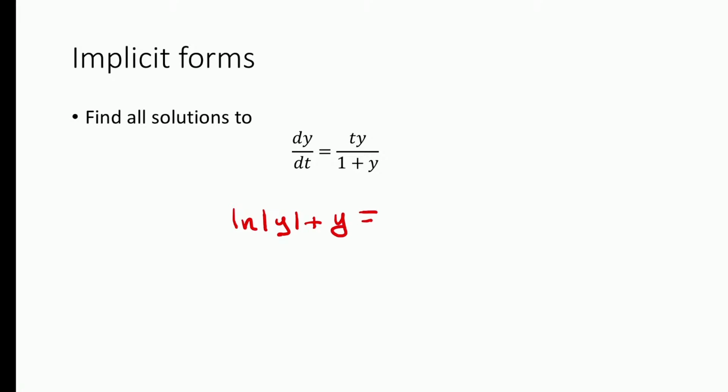You could do this yourselves. It's not that hard. So separate the variables and then you solve, but you get natural log of y plus y is equal to t squared over 2 plus c. I cannot solve this for y. And so because of that, this is as good as it gets. You have an implicit solution. So if we can solve for y, great. But if we can't, we do the best we can.